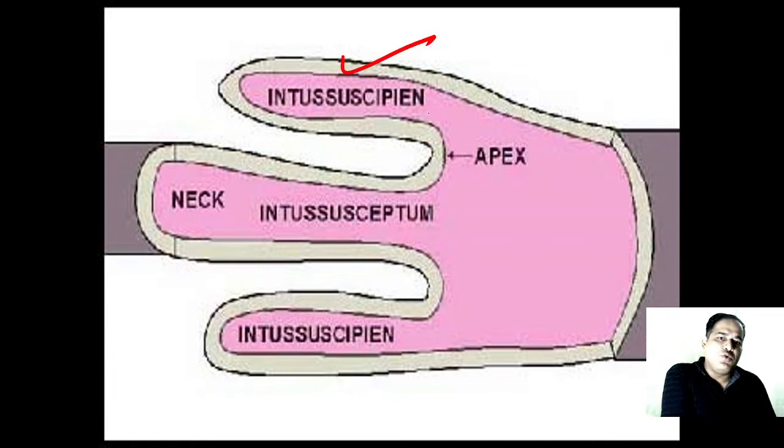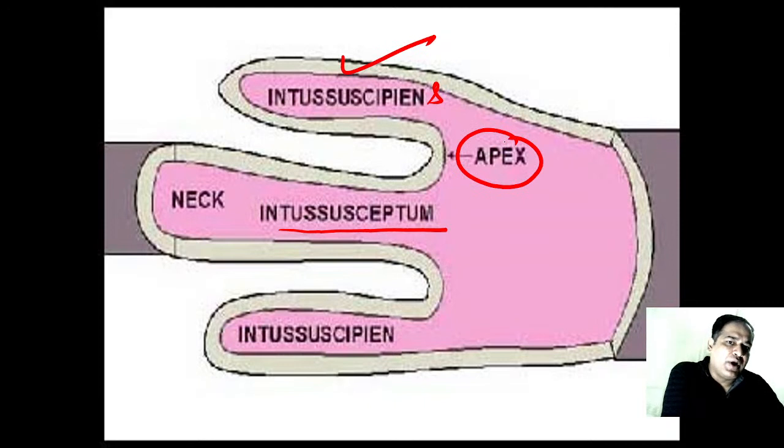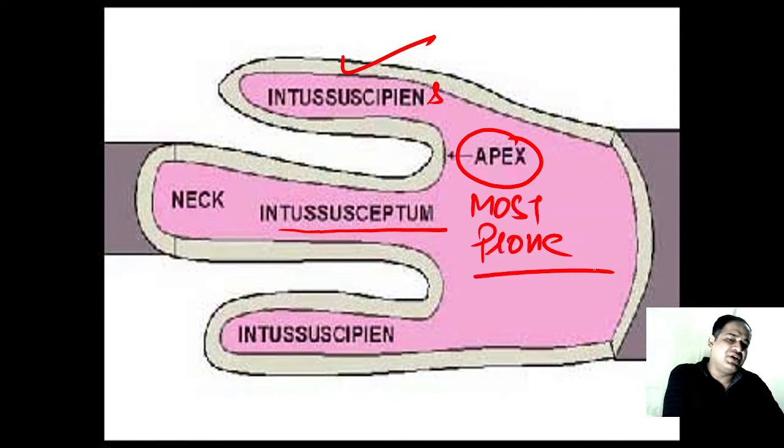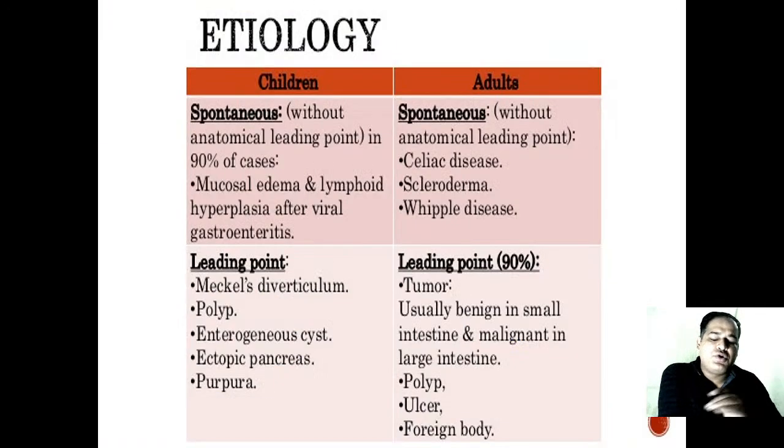The outer tube is called the intussuscipiens. The inner tube, the entering tube, is called the intussusceptum, and the lead point, the entering point, is called the apex. Now, the apex is considered most prone to ischemic injury.